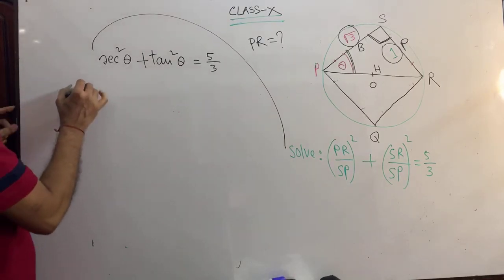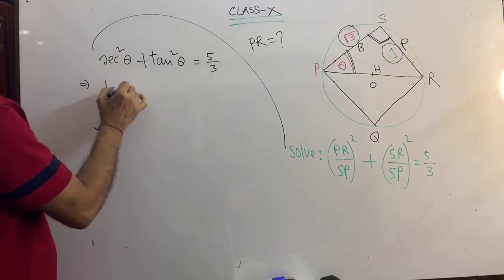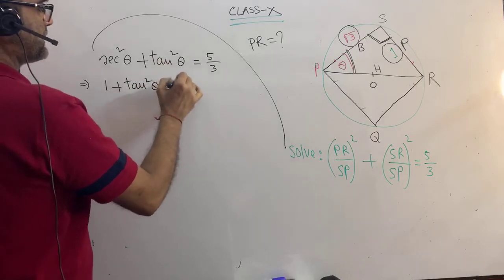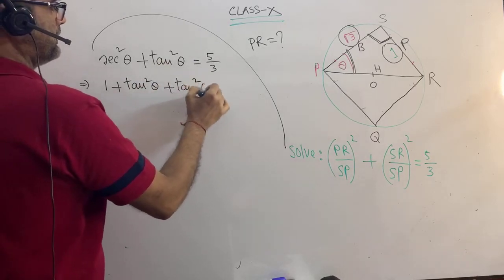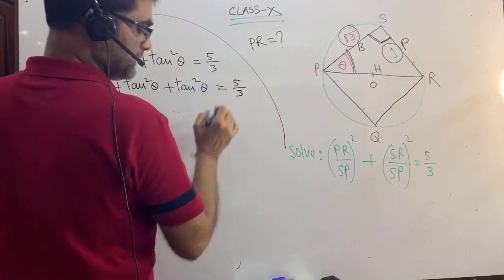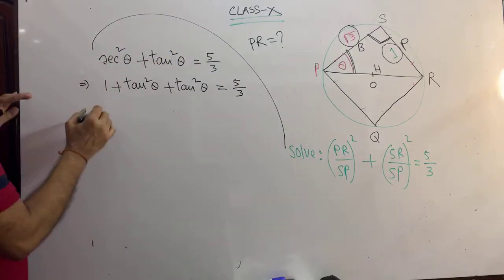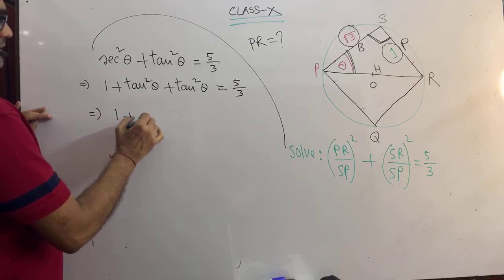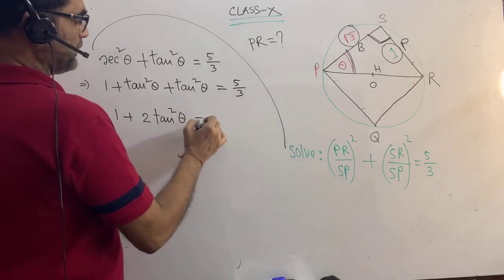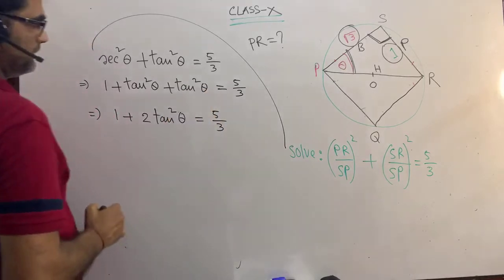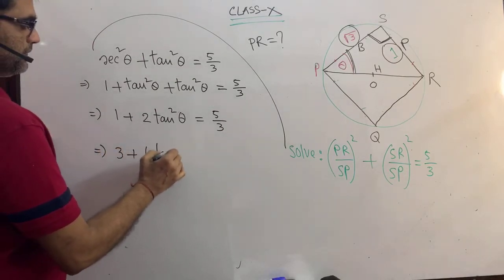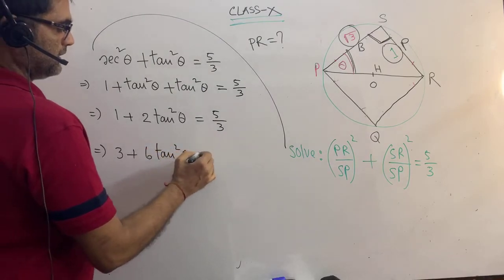Please pay attention. Here sec square theta equals what? 1 plus tan square theta. It is again 1 plus tan square theta. Okay, it is equal to what? 5 by 3. Now you see, we are getting 1 plus 2 tan square theta is equal to 5 by 3. We are getting again 3 plus 6 tan square theta is equal to 5.